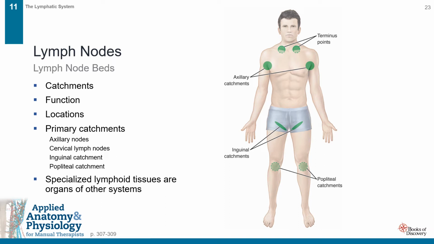It is estimated that catchments create 100 times more resistance to flow than the entire vascular network of the lymphatic system put together. Catchments are located at hinge areas such as the anterior neck, axilla, inguinal, and popliteal regions.